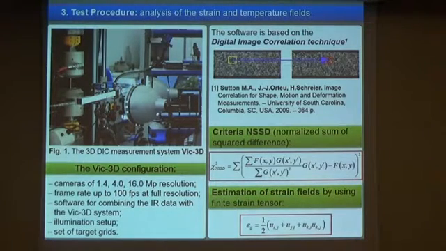The test procedure in my work includes the analysis of the strain fields by the digital image correlation measurement system. So in our laboratory we have several sets with different configurations, as you can see, with different camera resolutions and with frame rate up to 100 frames per second.